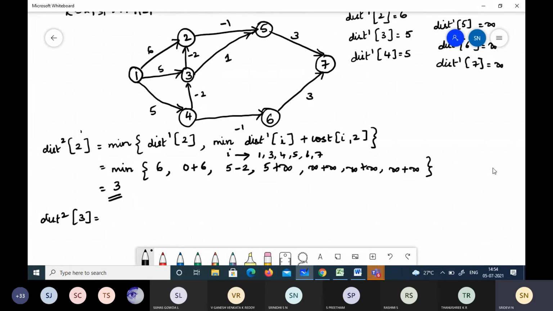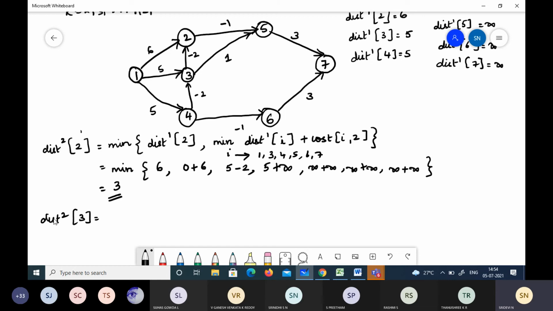As an exercise, I want you all to try at least one more. Can you do 2 to 3 in the same way? Yes, ma'am. Try it out and tell me the value, and later I'll show you the shortcut to fill the table.